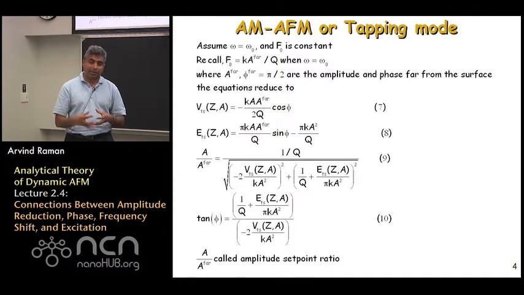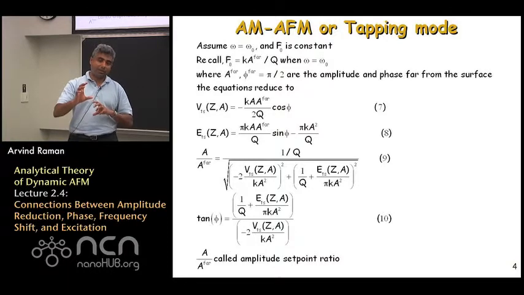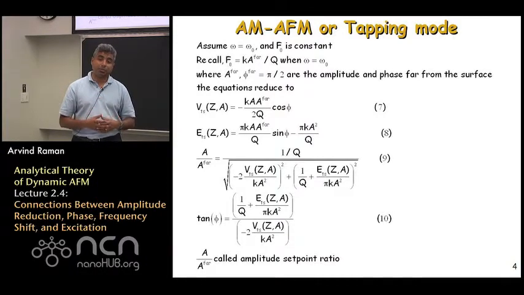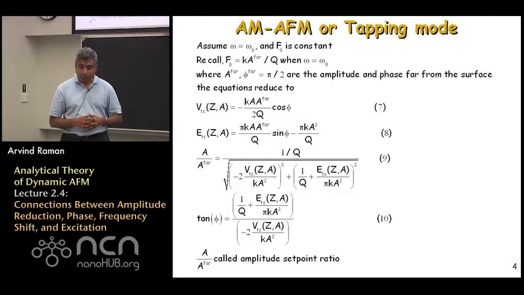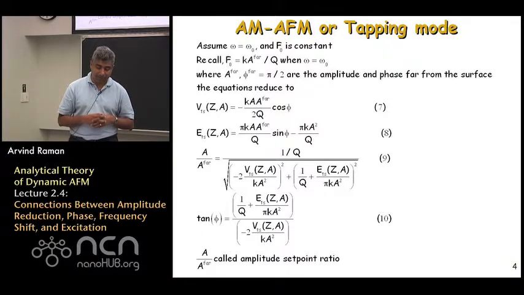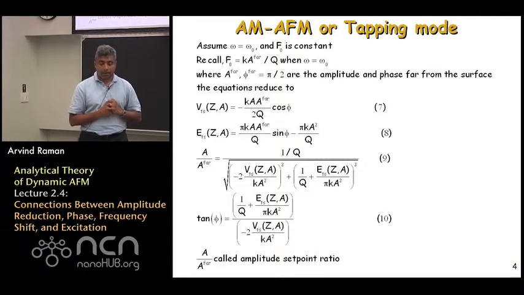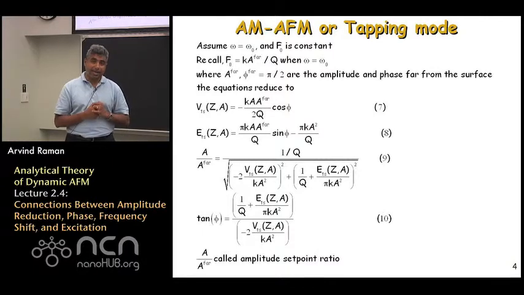Now that we're interacting with the sample, we must distinguish the amplitude far from the sample from the amplitude encountered while scanning the sample. So we call the amplitude far from the sample A far. The magnitude of the excitation force far from a sample is simply K A far divided by Q when the drive frequency equals omega naught. The phase lag in this case is 90 degrees, or pi over 2.